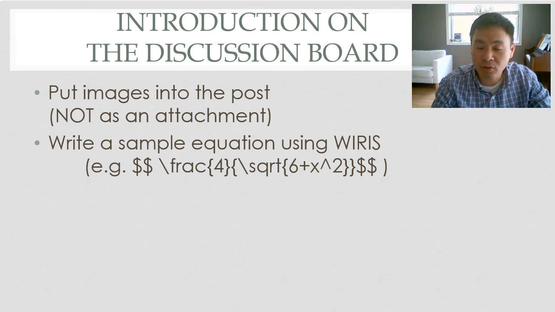I have a video to explain how this could be done, and that's also given as a link on the first day's assignment. So if you go to the first day's page, you'll see the link to explain how to put the images into the post and also how to put an equation into the Blackboard.